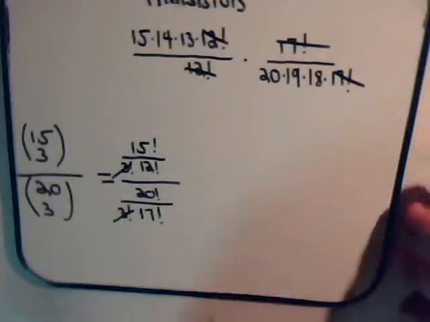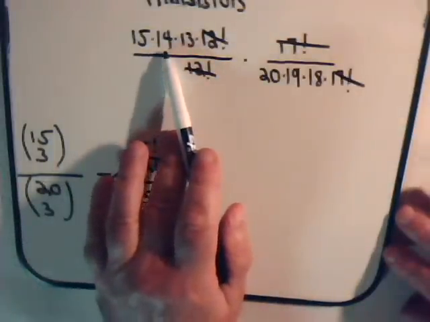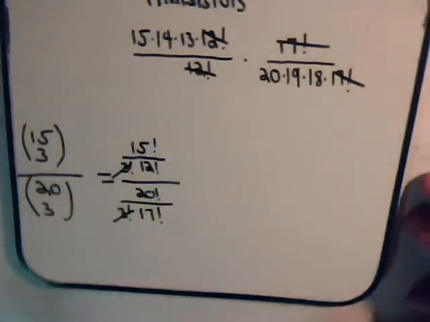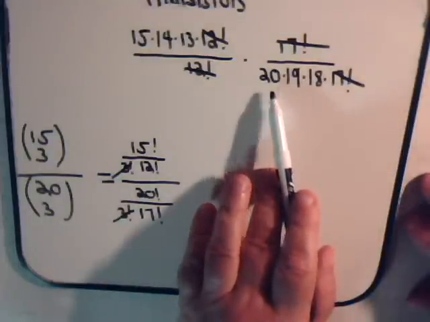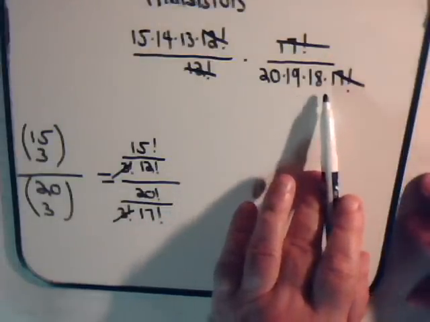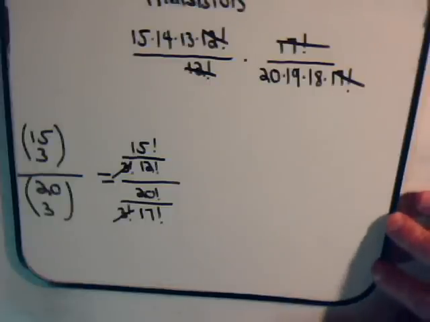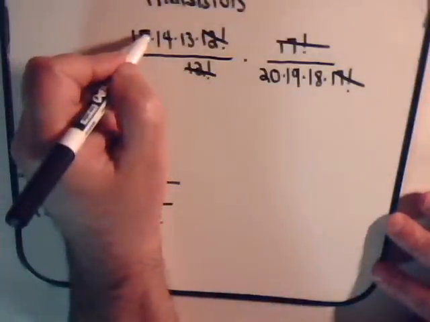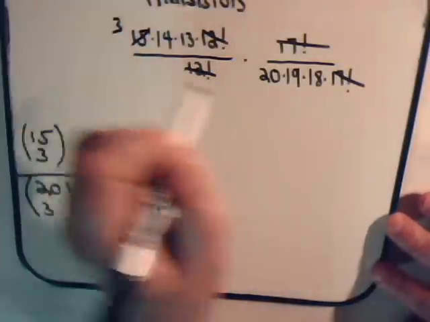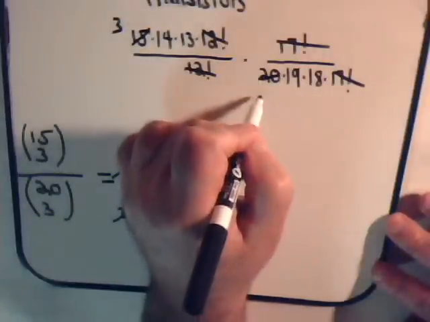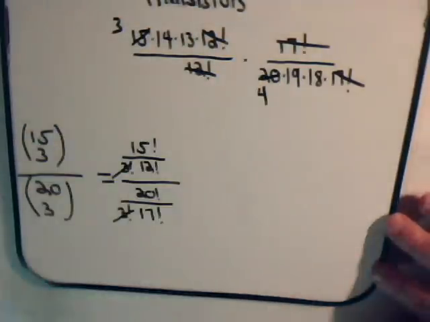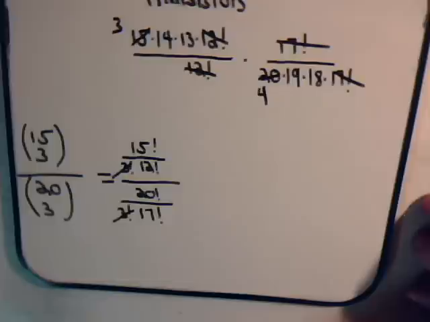These cancel. And we have 15 times 14 times 13 divided by 20 times 19 times 18. So let's see what we have. 5 would go into here 3 times. 5 would go into there 4 times.